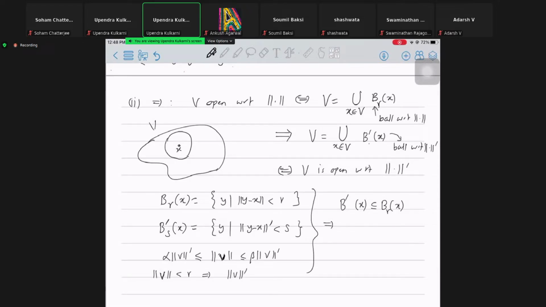That means alpha times the primed norm of v is less than R. Yeah, sir, if a point belongs to the left ball, then it should belong to the right ball, right? Yes, you are absolutely right. So what I'm saying is correct, but I'm not applying it correctly.